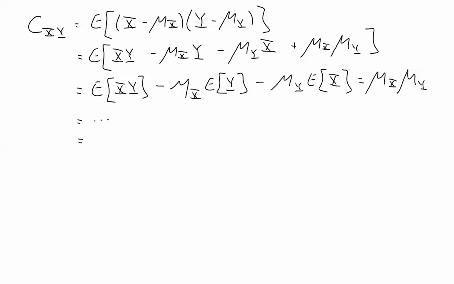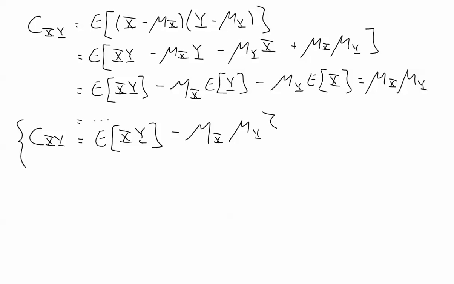You can do the algebra. Okay, that is the simplified way for calculating covariance. This, you'll recall, is my correlation. It's the expected value of the product of x and y.